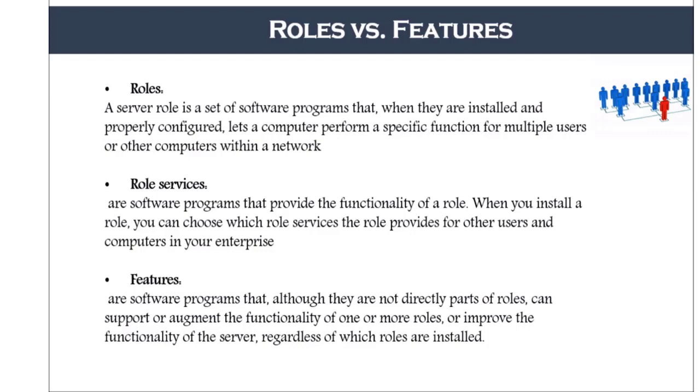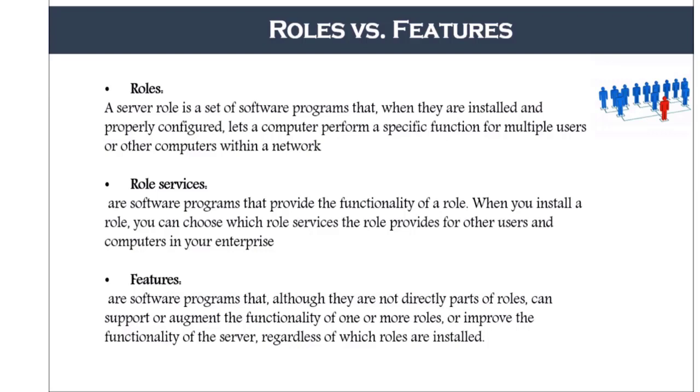And the other part of the roles is role services. Role services are the software programs that provide the functionality of a role. When you install a role, you can choose which role services the role provides to other users and computers in the enterprise. So role services are basically the individual parts of the roles. And the features are software programs that, although not directly part of the role, can support or augment the functionality of one or more roles to improve the functionality of the server regardless of which roles are installed.